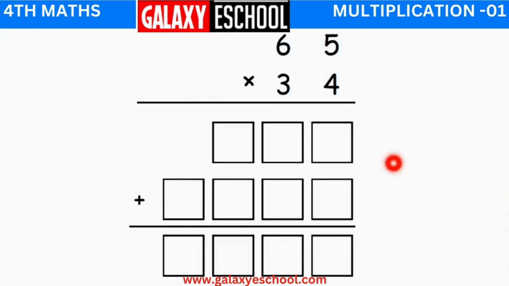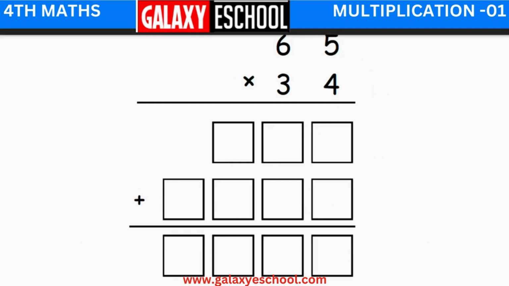Now moving to how to multiply 2-digit numbers. I know that you have already done multiplication of 2-digit numbers in your previous standard, but let us revise. See, what are we doing? We have ones and tens in the multiplicand. First, what should we do? We should multiply with the ones. 4 5s are 20.